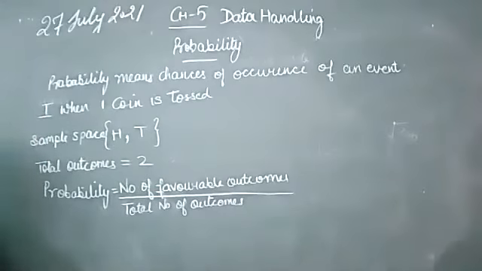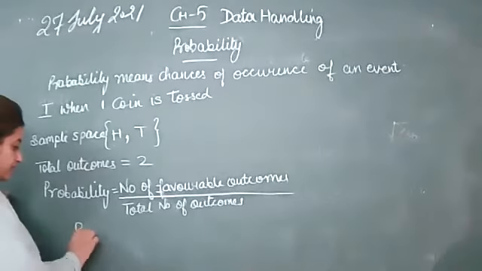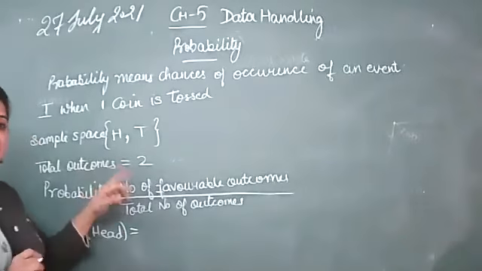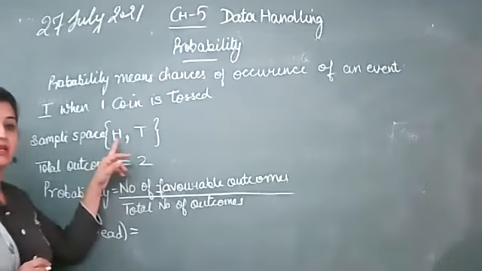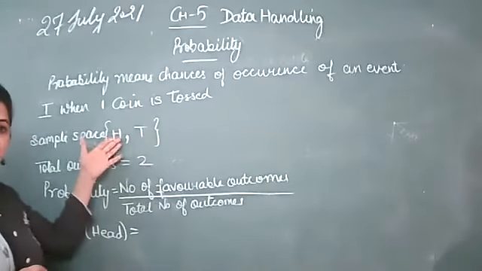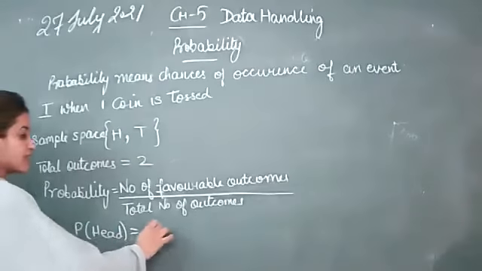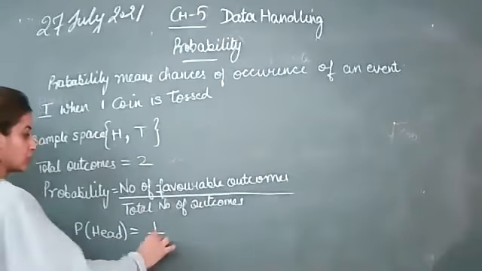Based on the above example, let's discuss the probability of head. Probability of getting head. How many cases are favorable to head? Out of these two, head is occurring one time, upon total are 2.